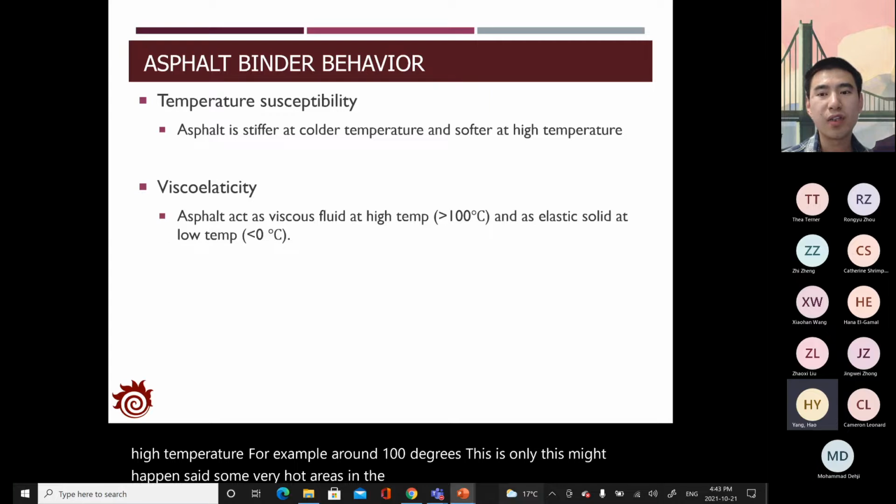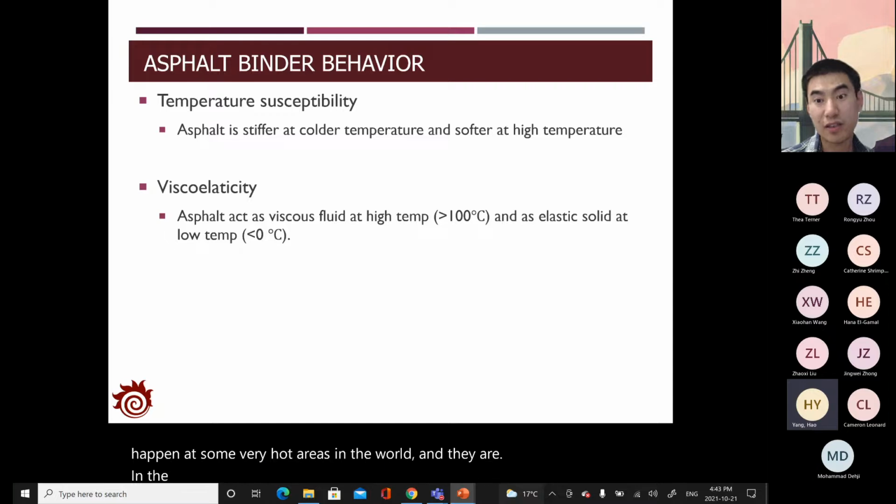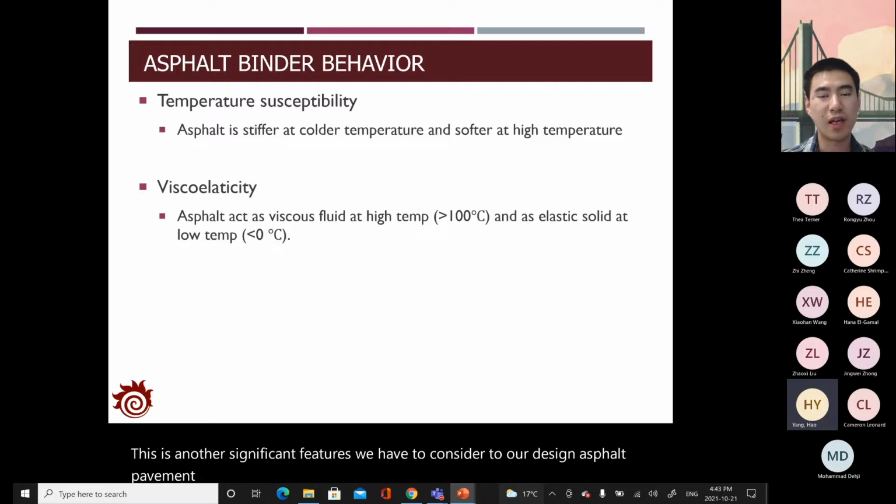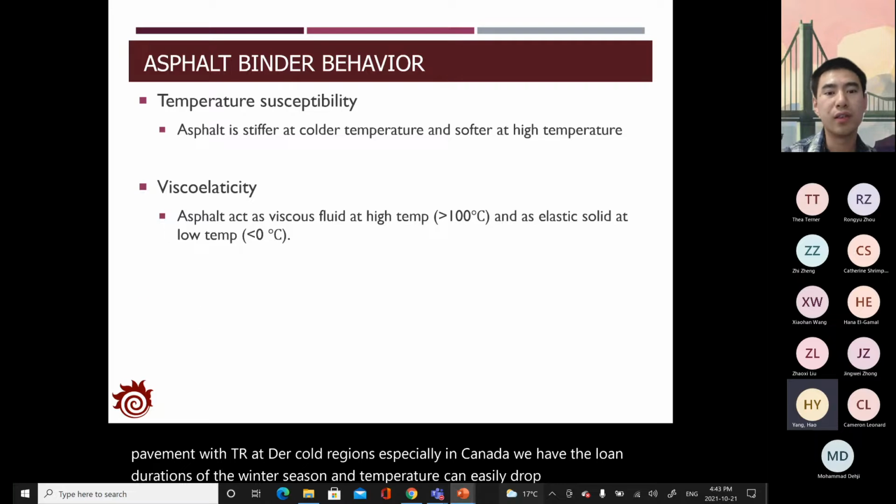And it will be an elastic solid, which means that it's less elastic at low temperature when the temperature is less than 0. This is another significant feature we have to consider to design asphalt pavement in cold regions, especially in Canada. We have long durations of the winter season, and the temperature can easily drop below 0 degrees.